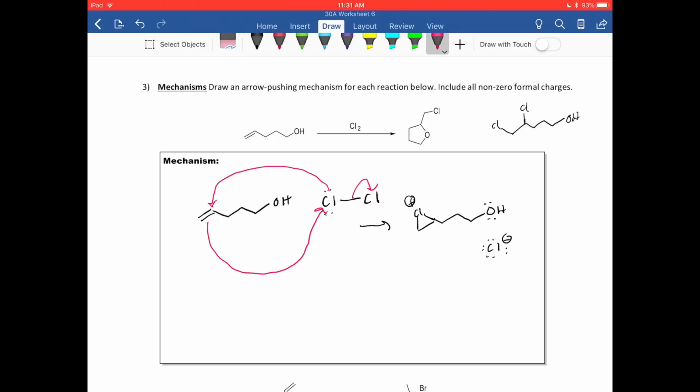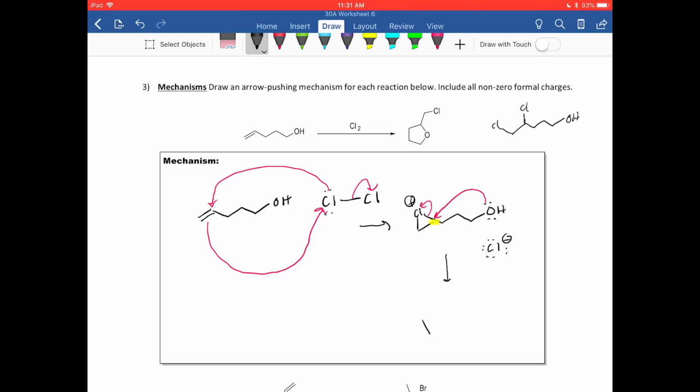So here, instead of water, remember what part of water actually reacts? It's the lone pair on oxygen. And here in this compound, we also have a lone pair on oxygen. So we're going to use the lone pair on oxygen here to open up this ring. And notice here, I'm attacking the more substituted side of the chloronium ion, because remember, that's the side that's attacked due to a more stable no-bond resonance structure.